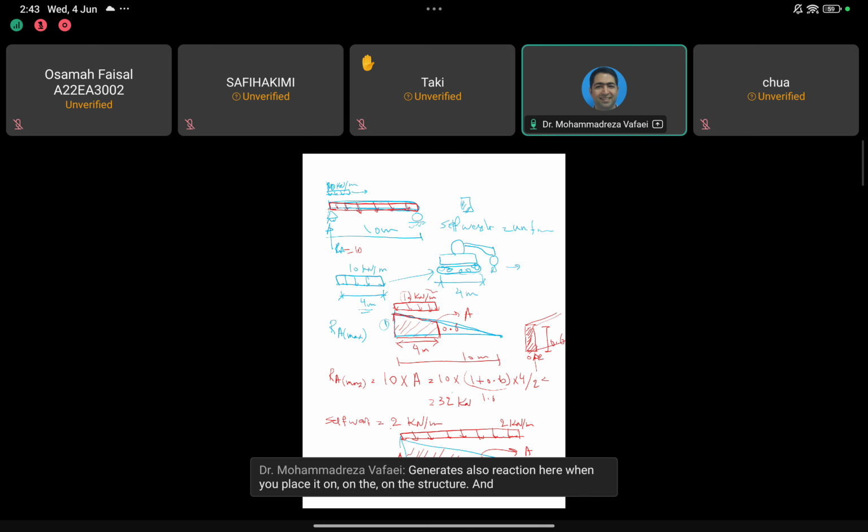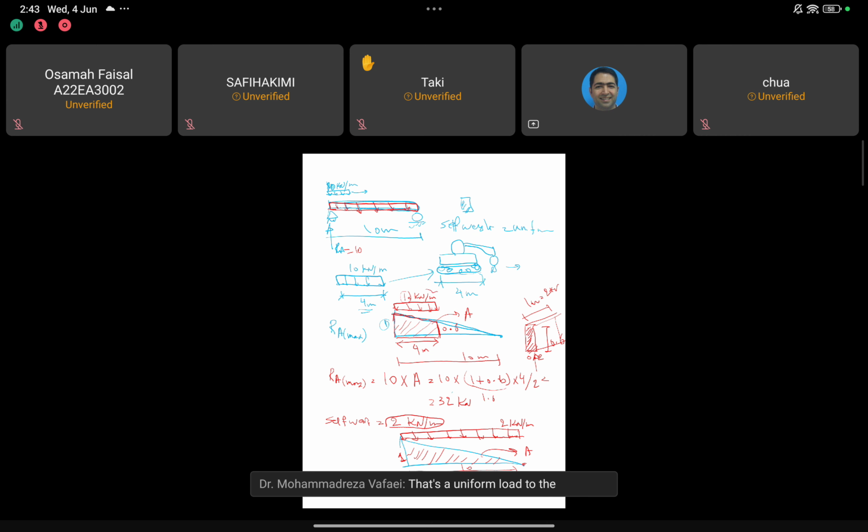And this 2 kilonewton that I put here means that 1 meter of the bridge equals 2 kilonewton as a uniform load due to the self-weight. Clear? Okay, doctor. Okay.